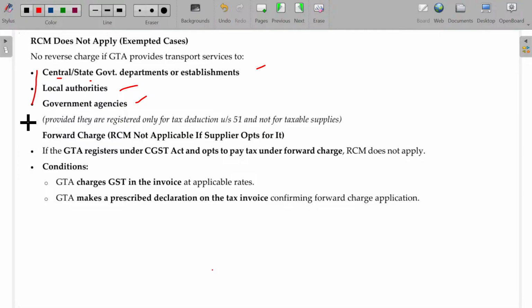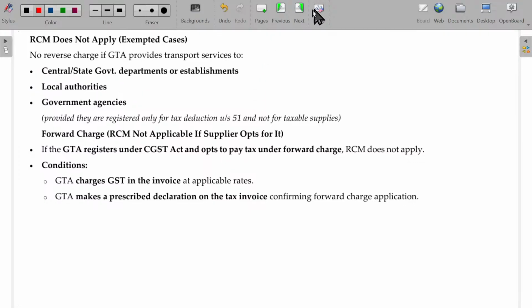Provided, in some cases, forward charge is applicable, RCM not applicable if supplier asks for it. Okay, supplier can go for paying the tax. So GTA render services to central government or state government establishments, departments, local authority, government agencies. And government agencies may also be registered person.